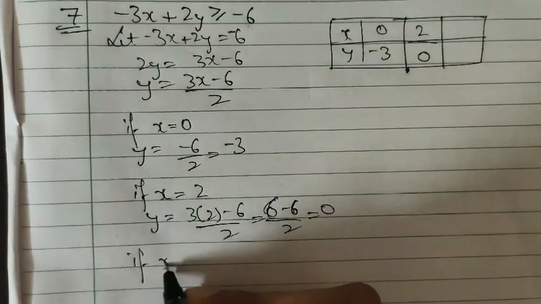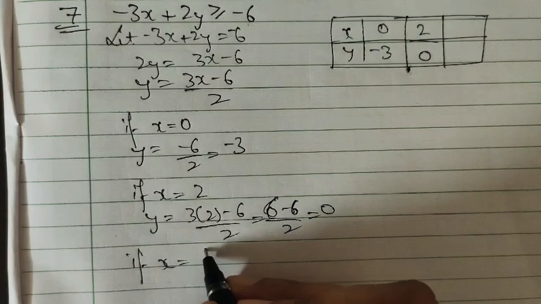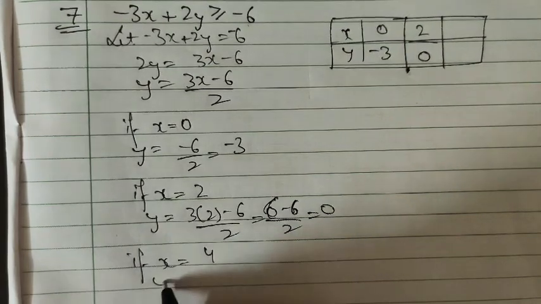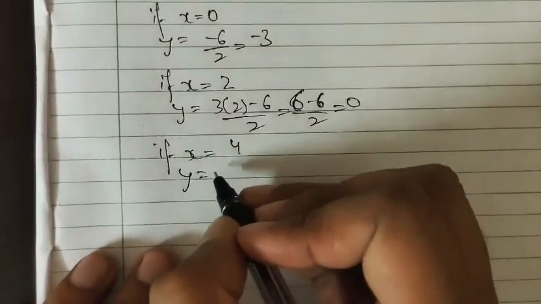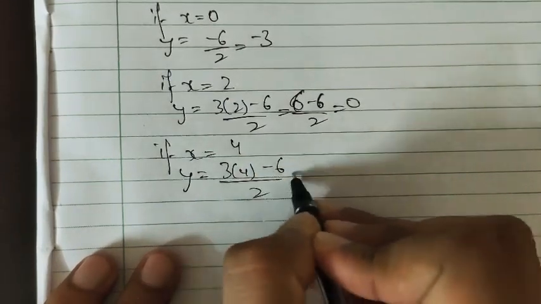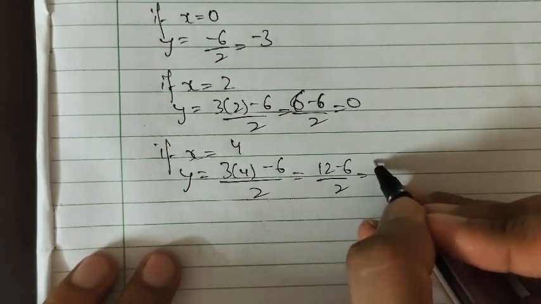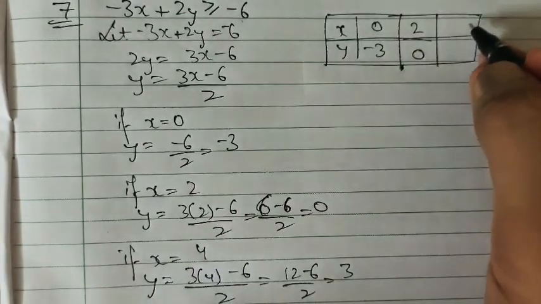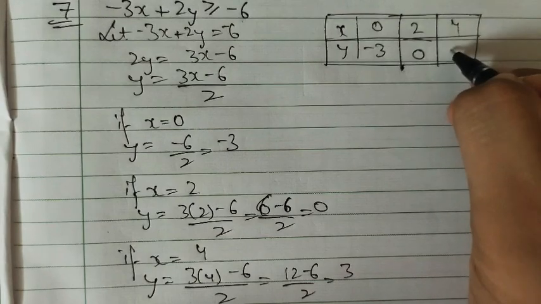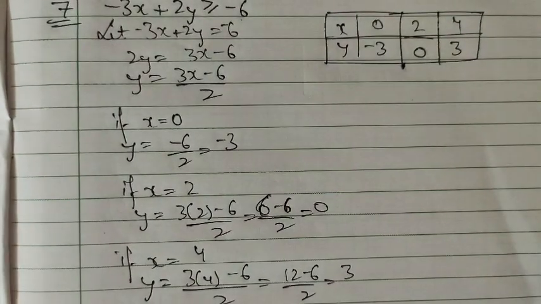If x is equal to 4, so y is equal to (3 times 4 minus 6) upon 2, 12 minus 6 upon 2, 6 upon 2, 3. So if x is 4, y is 3. So you can easily plot these points, right?